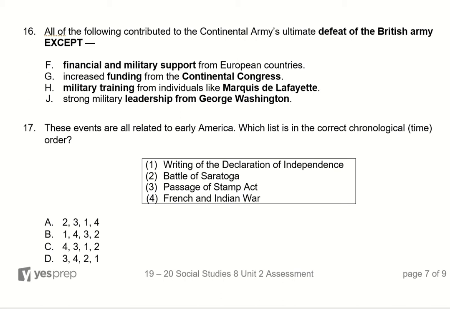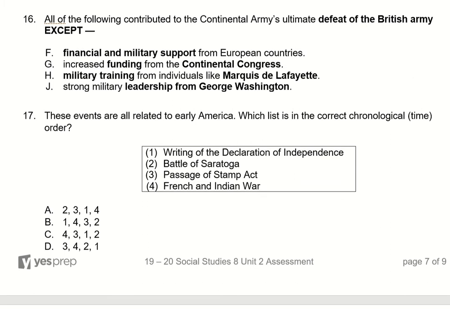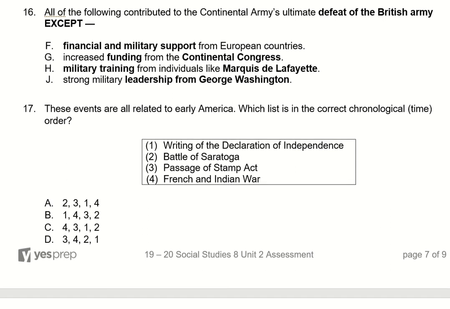17. These events are all related to early America. Which list is in the correct chronological order? 1. Writing the Declaration of Independence. 2. Battle of Saratoga. 3. Passage of Stamp Act. 4. French and Indian War.